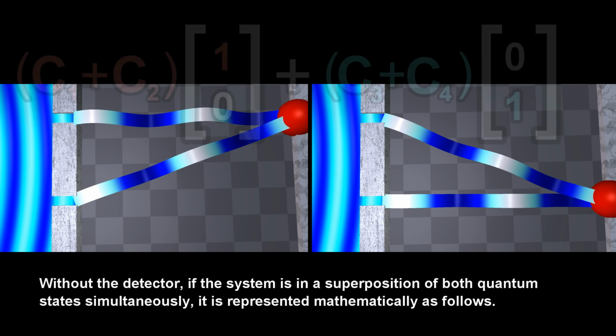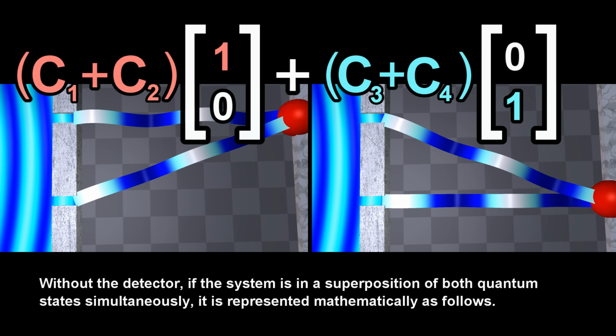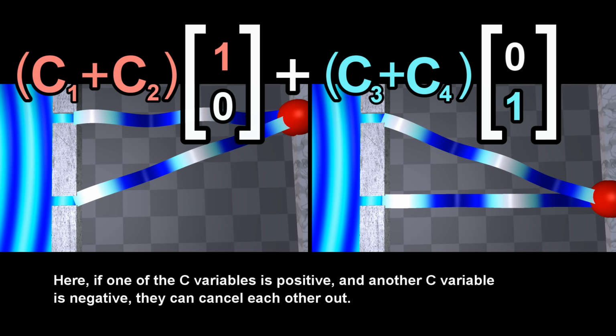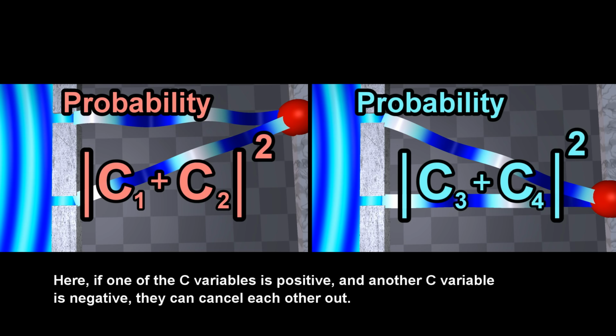Without the detector, if the system is in a superposition of both quantum states simultaneously, it's represented mathematically as follows. Here, if one of the c variables is positive and another c variable is negative, they can cancel each other out.